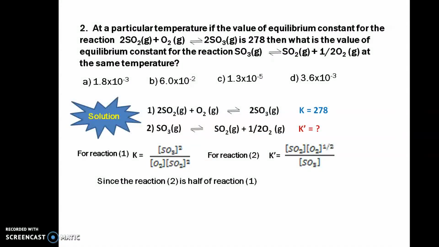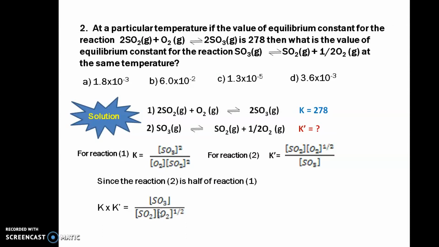Hence, we will multiply these equilibrium constants K into K dash. When you multiply K and K dash, the right hand side part also has to be multiplied. Once you multiply, what is the remaining part after cancelling the common terms?